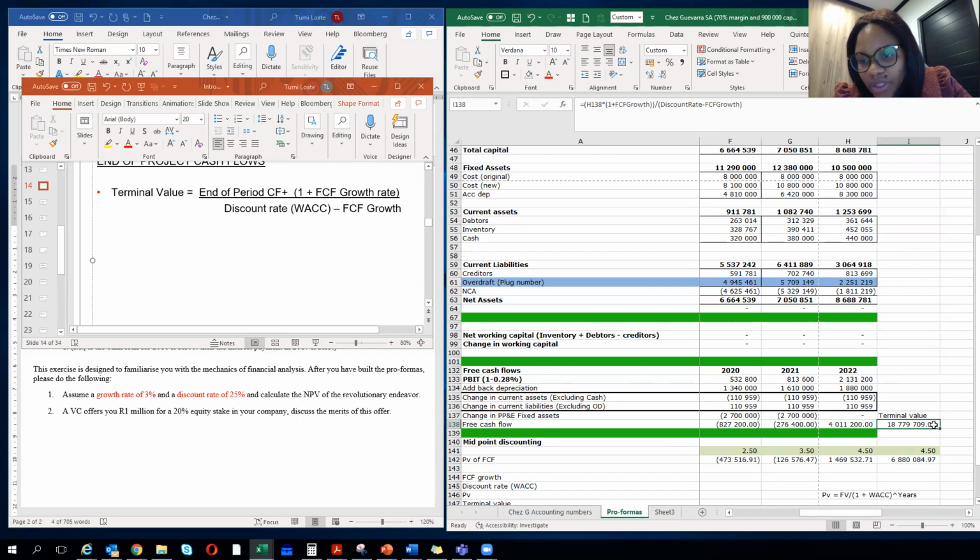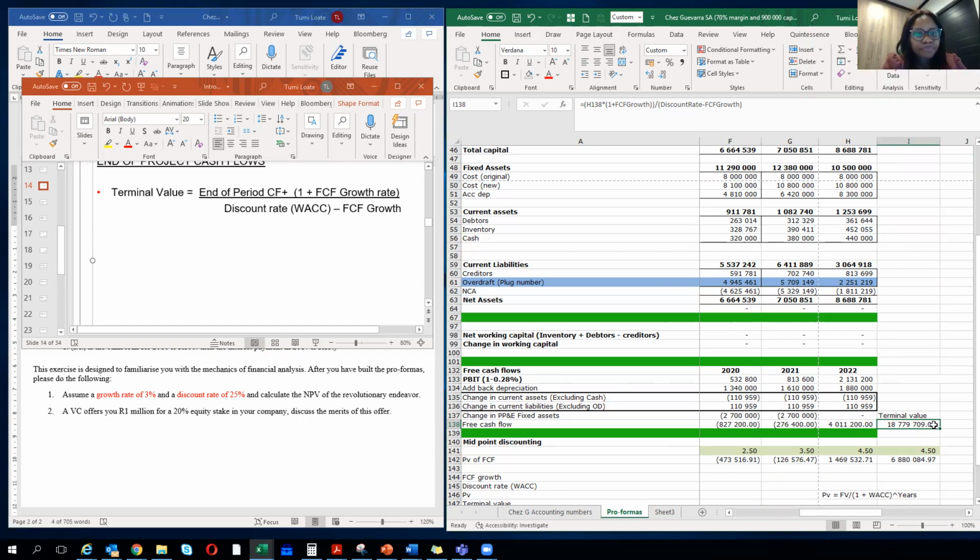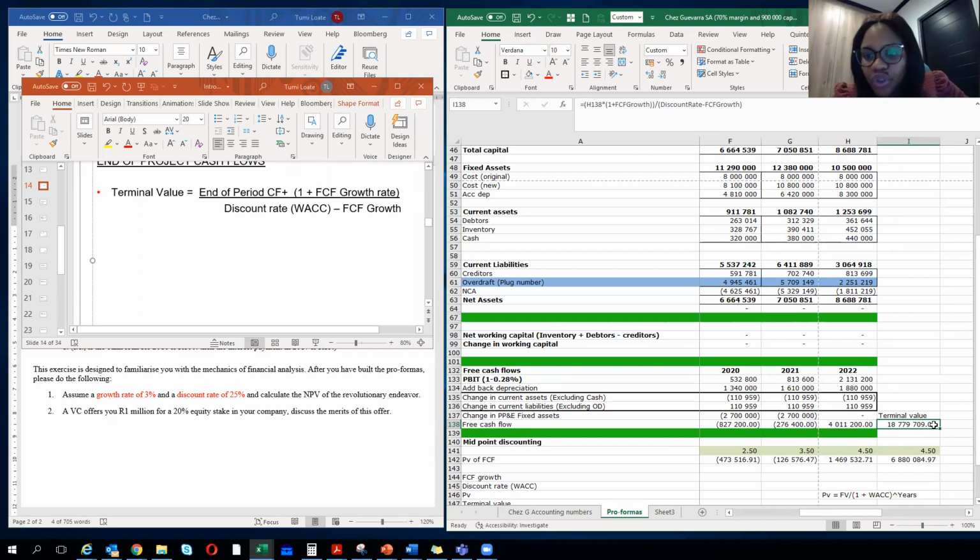Once you've done the calculation, it represents the value as at 2022. So we also need to discount this not at 5.5, but at the 4.5, the same rate we're discounting at the 2022 rate.